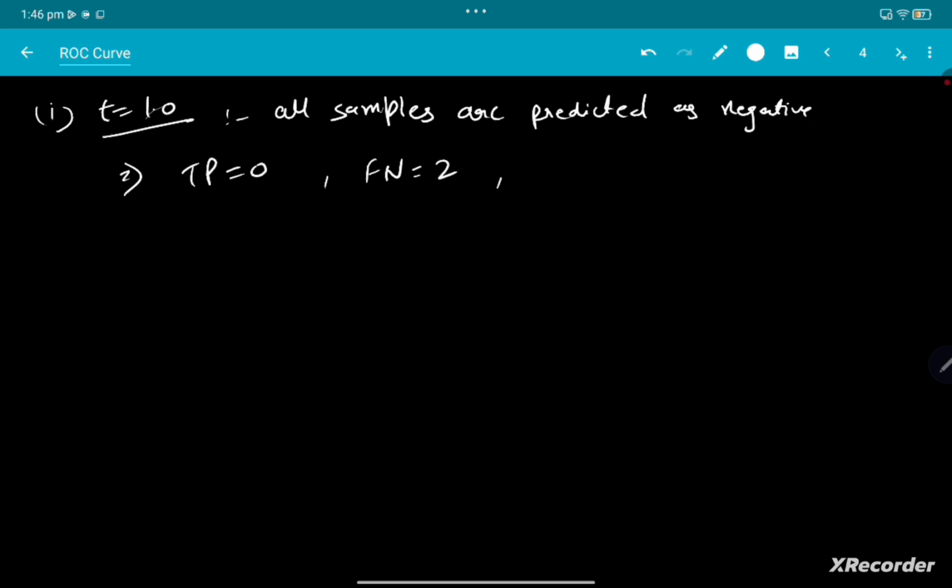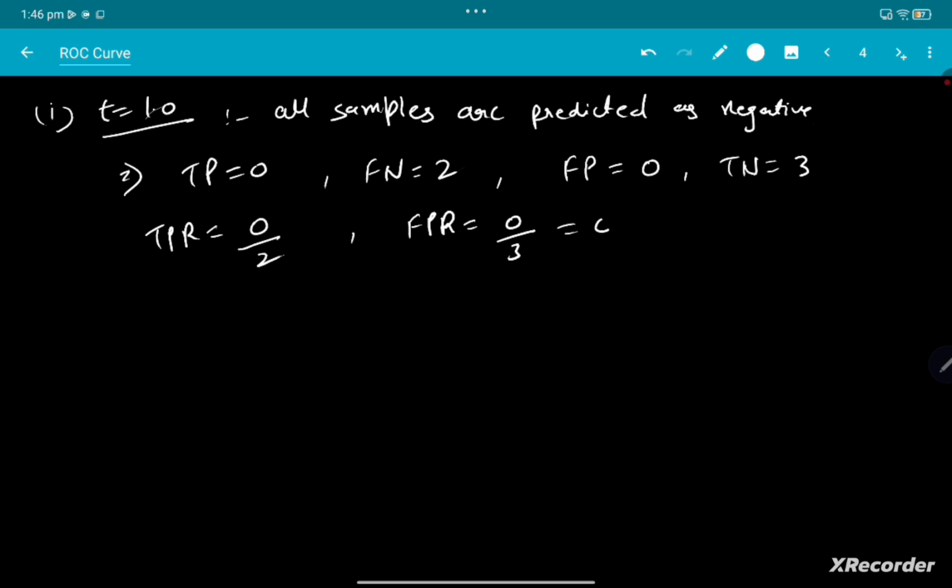Okay, your false positive will also be 0, and your true negatives are 3. Now let us calculate TPR and FPR. So TPR is 0 divided by 2, and FPR will be 0 divided by 3.